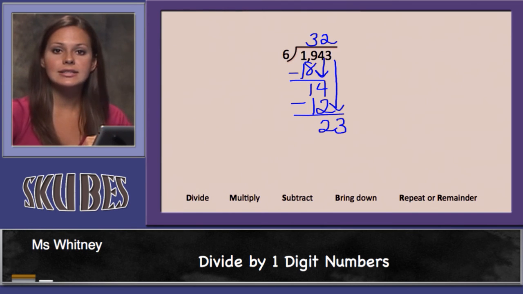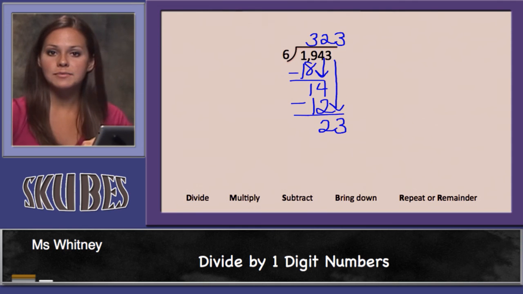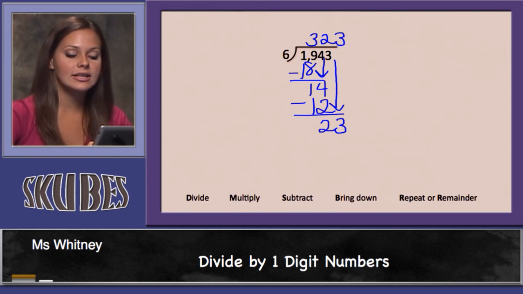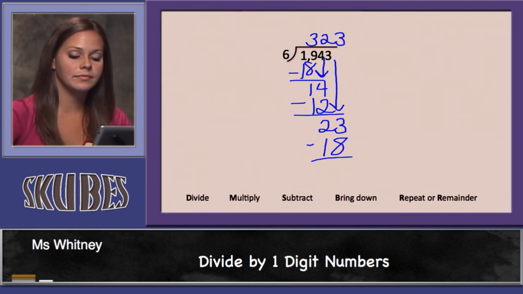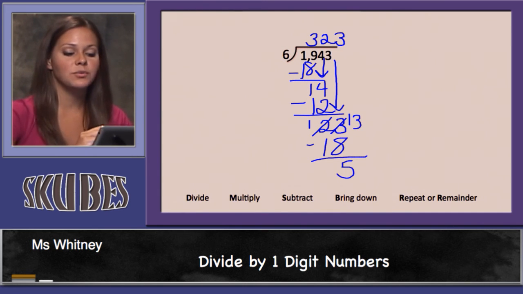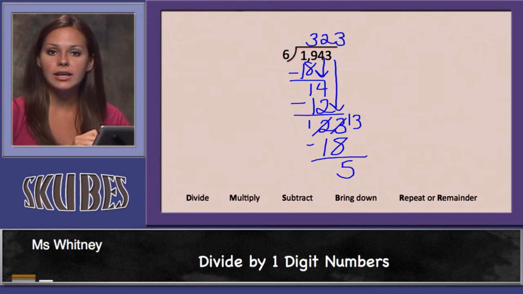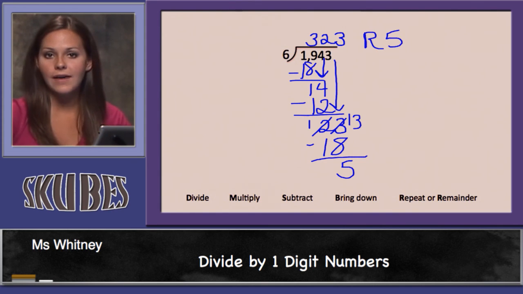Next I need to repeat. 6 goes into 23 how many times? 3 times. 6 times 3 is 18, and now I can subtract. I have 5 left over. So 1,943 divided by 6 equals 323 with a remainder of 5.